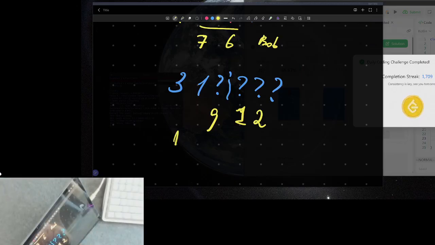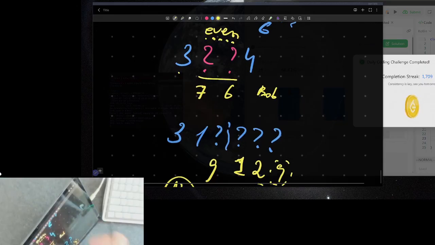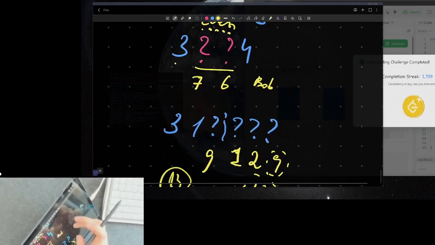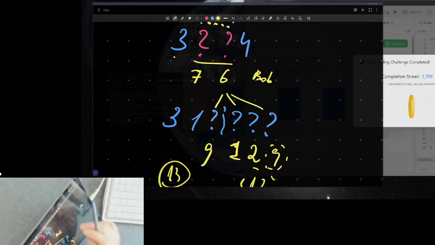This is 13, and Bob wants to win, but he can't because this is smaller. It's 12 maximum. Oh sorry, this again is an even number.